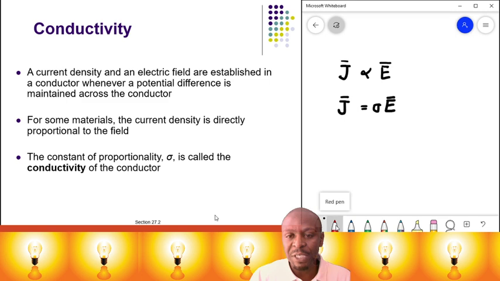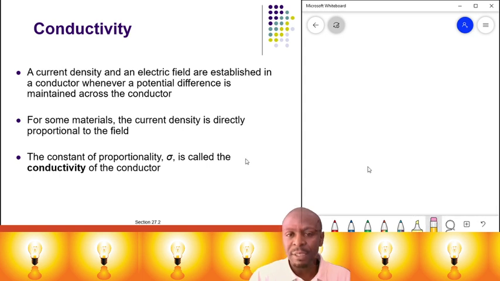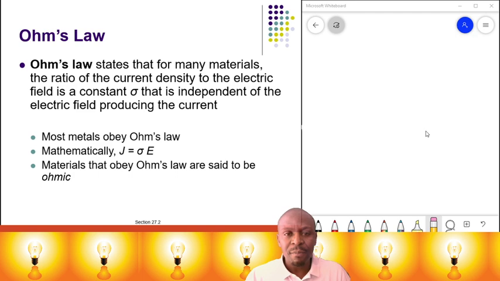This constant is what we call the conductivity, and it is denoted by the symbol sigma. By the way, this equation that you are seeing here is what we call Ohm's law.